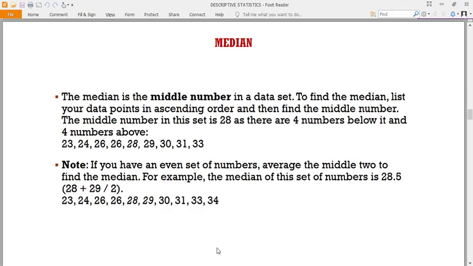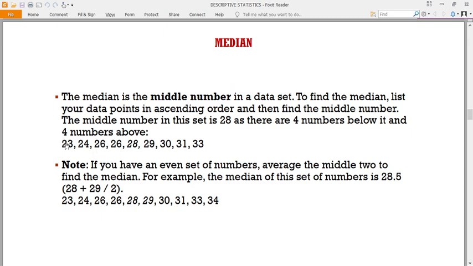So if data is ungrouped, we should always list the data points in an ascending order and then look for the middle number. So if I have such a data set, I have 23, 24, 26, 26, 28, 29, 30, and whether they are repeated or not, you're supposed to list each and every term, whether it is appearing 5 times or 6 times, you put it the way it is.